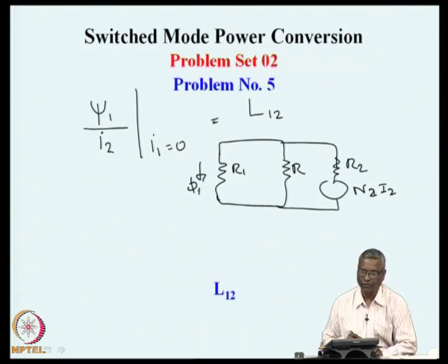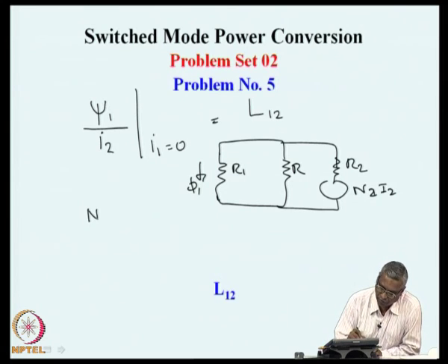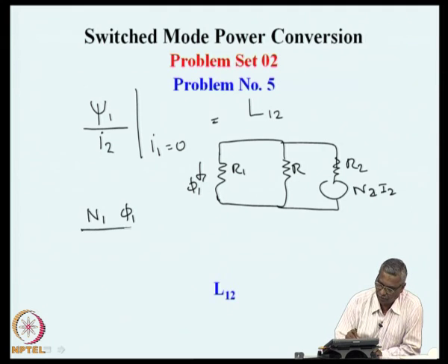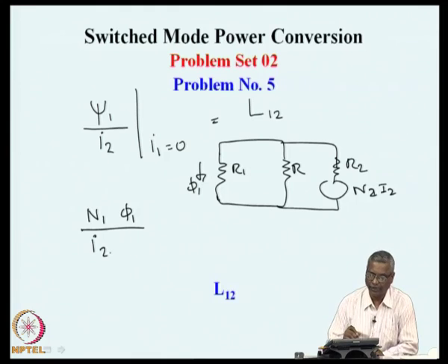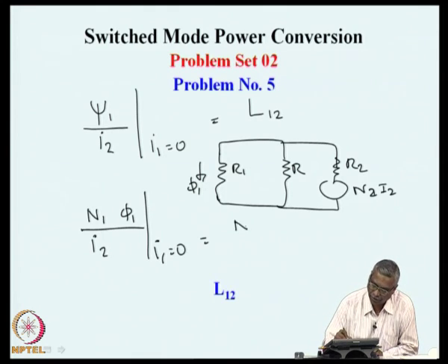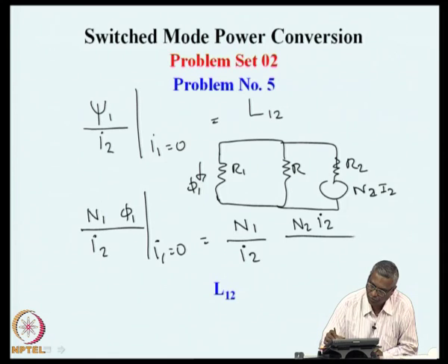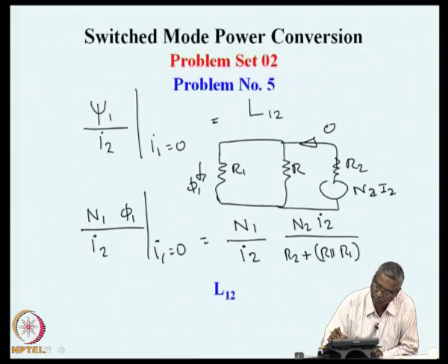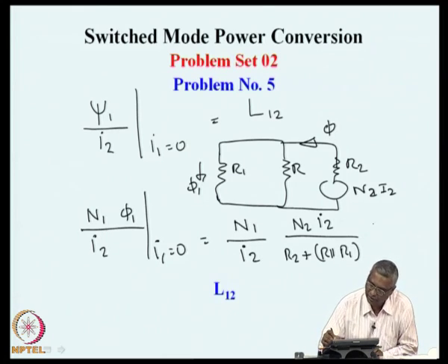So, this is phi 1 now. So, it is N1 and phi 1 on account of current in I2 when I1 is 0, and this would be N1 by I2. The current in this branch is N2 I2 divided by R2 plus R parallel R1, that is the total flux coming out of this point, and that divides in the ratio of R by R plus R1.